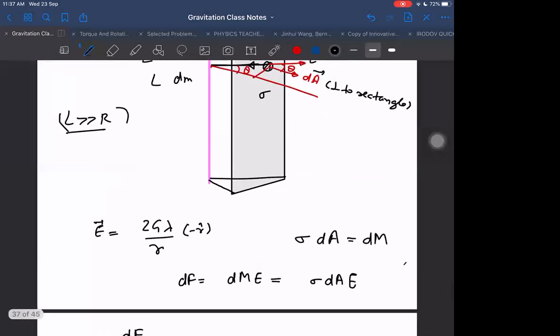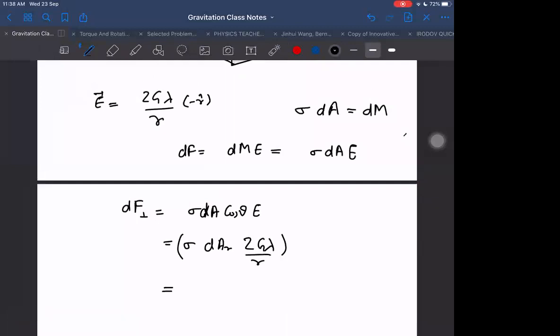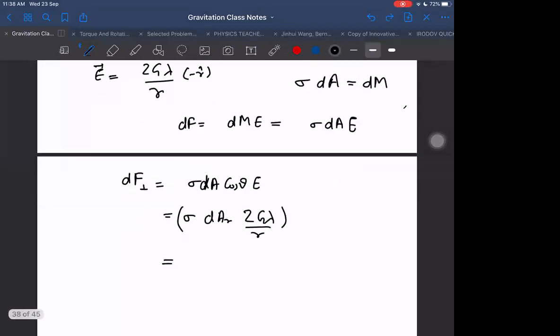So dF perpendicular becomes sigma into dA cos theta into E, which is sigma into dA along the radial line into E, 2G lambda by R. Wait a second, is something going wrong here? Is it R square? No, it was R only. Yes, it was R only, so no problem.